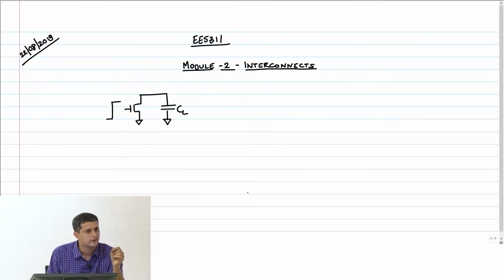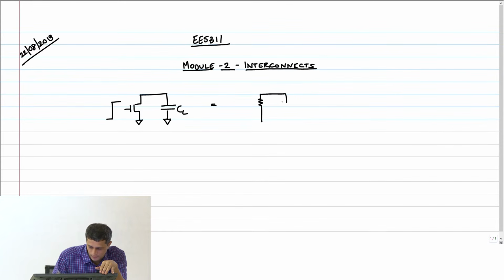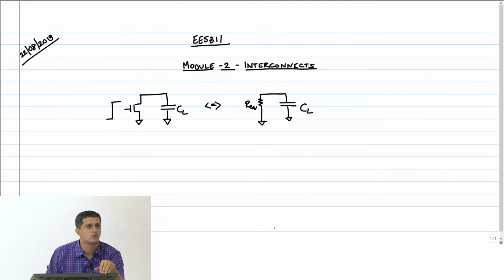is going to go instantaneously to VDD and turn on my NMOS transistor, and therefore I can treat this as a resistance, R equivalent, into CL. Of course, now when I do this, where is the source?